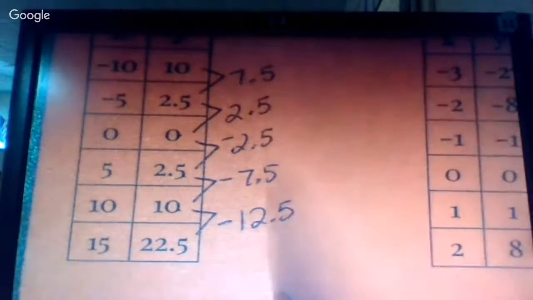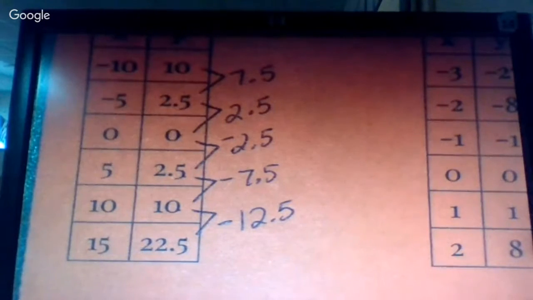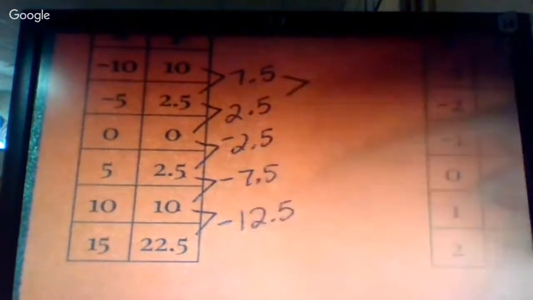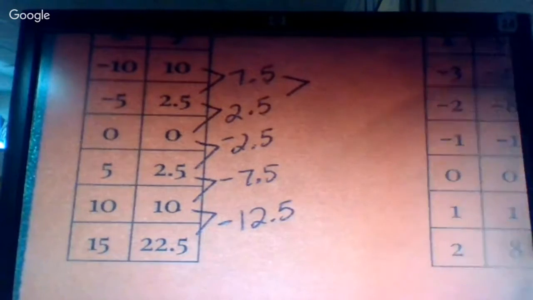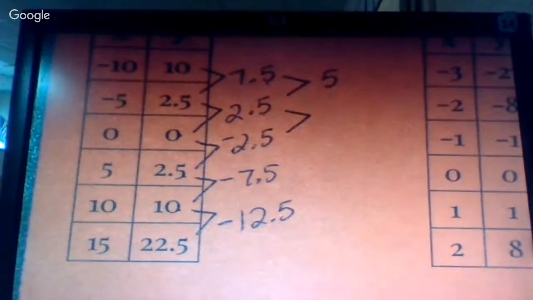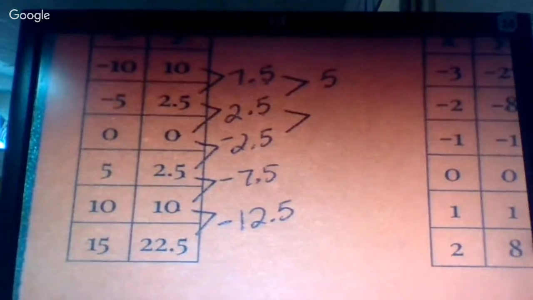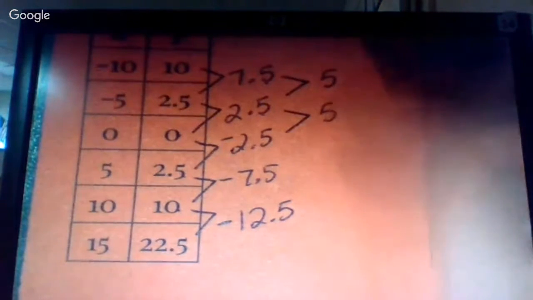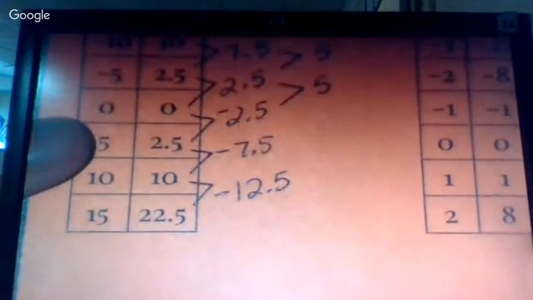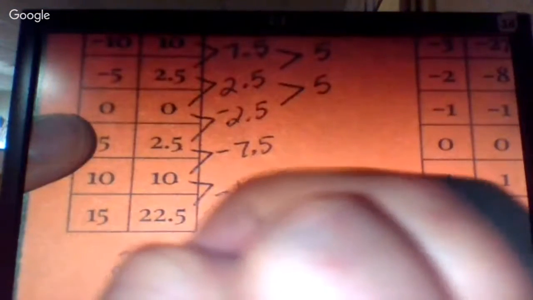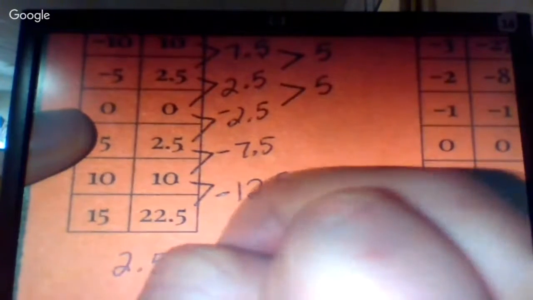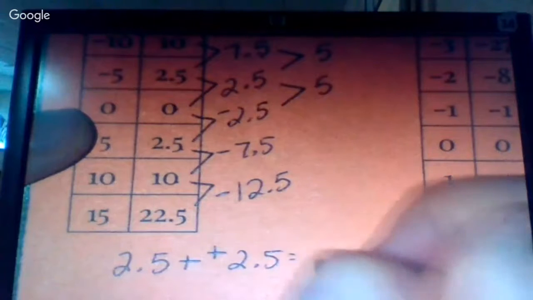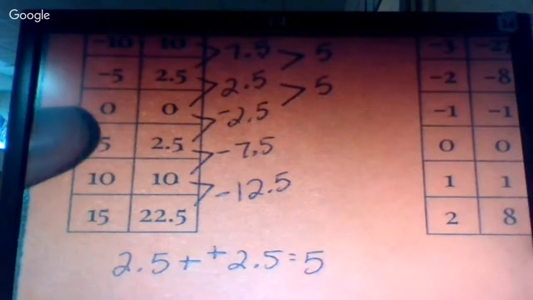Okay, so is this linear? No. Let's try for quadratic. What is 7.5 minus 2.5? 5. What is 2.5 minus negative 2.5? 5. Remember, 2.5 minus negative 2.5 becomes plus a positive, which makes it 5.